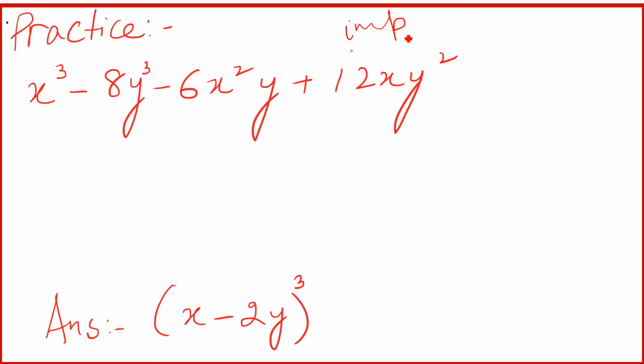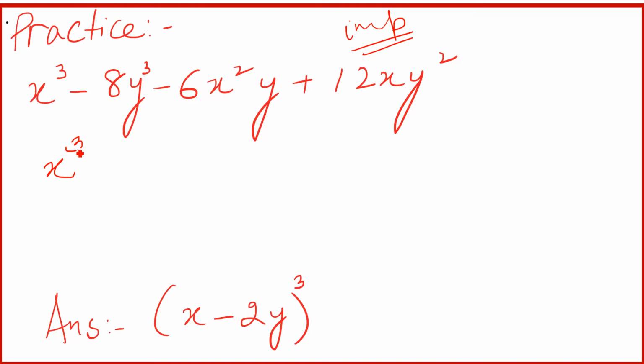You have to practice it, and here you have to arrange. See, this is positive, negative, negative, positive, but it should be first term positive, negative, positive, negative. So it means you have to arrange. I will arrange for you. Okay, x cube will be first here, then x squared. You have to see which negative will come here.